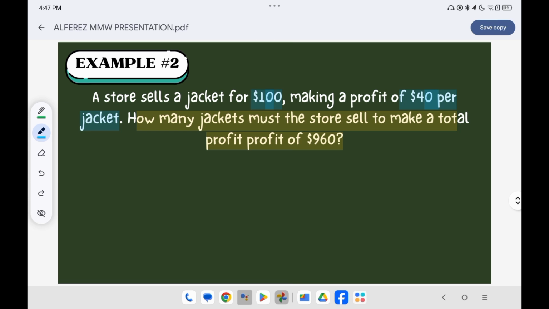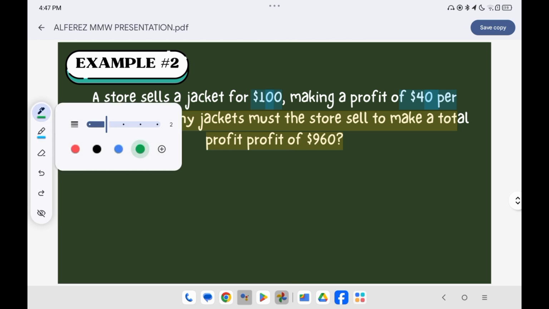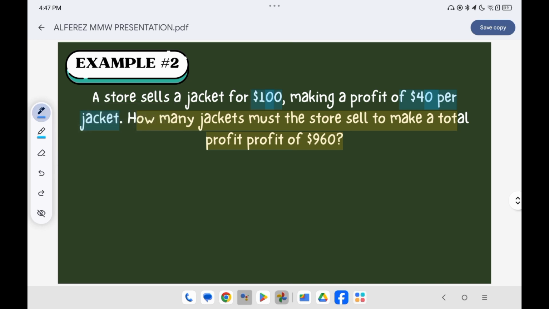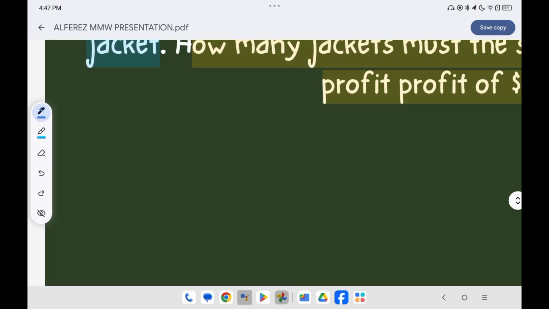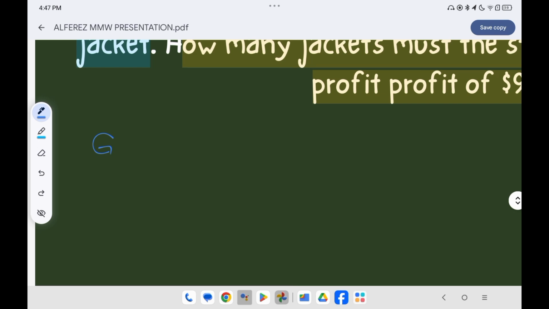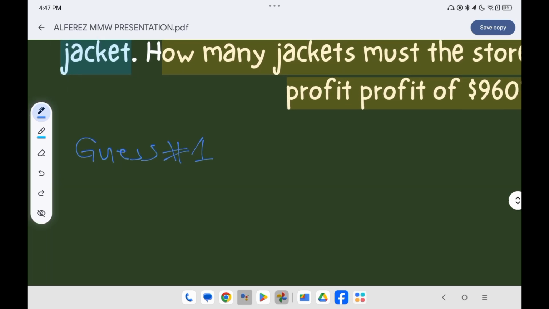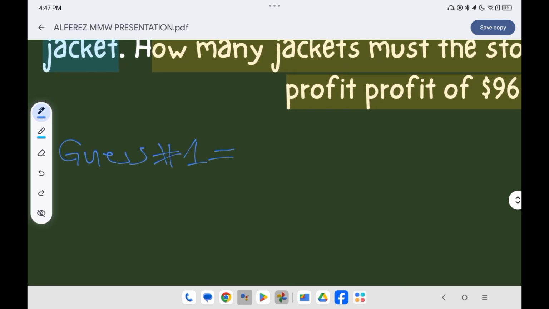So let's assume that in guess number one, we have 21 jackets.